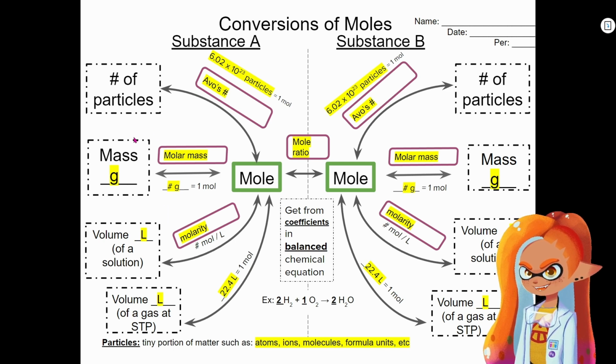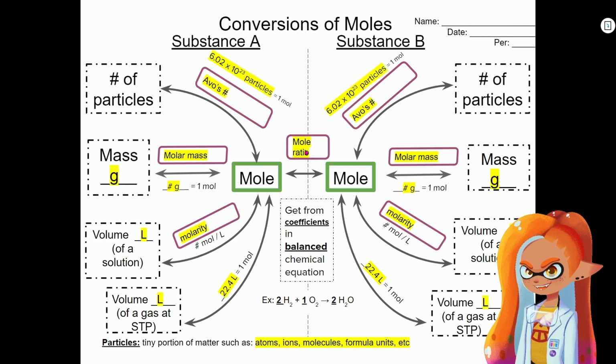You can see if we want to go to mass, which is the unit grams, it's the concept of molar mass. You have to use your periodic table to find that value to go to moles. If we have a solution, then we can get the volume in liters, which is molarity. And if we have a gas, specifically at STP, we'll talk about that way more in the gas unit, then we can use that relationship here.